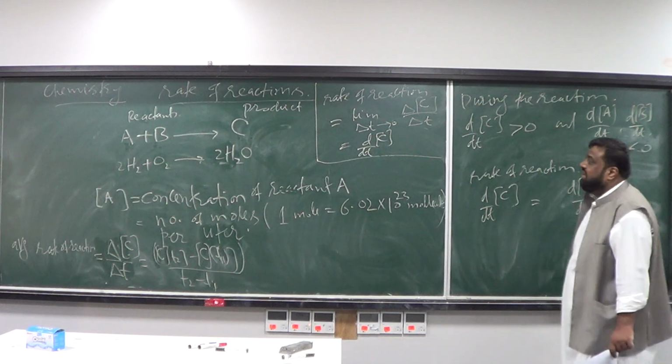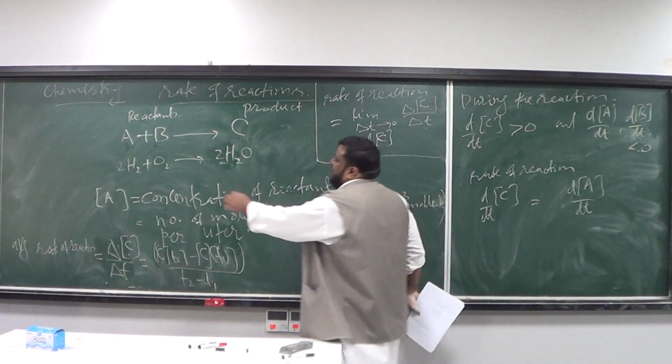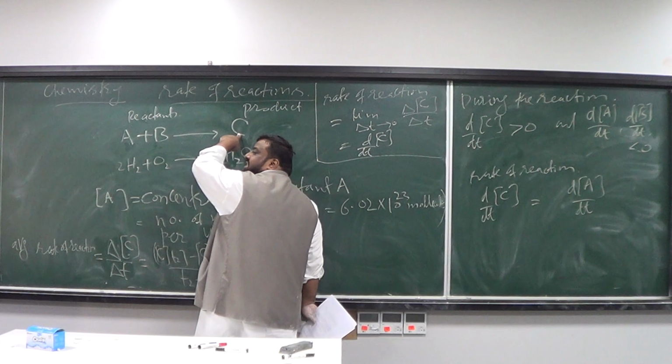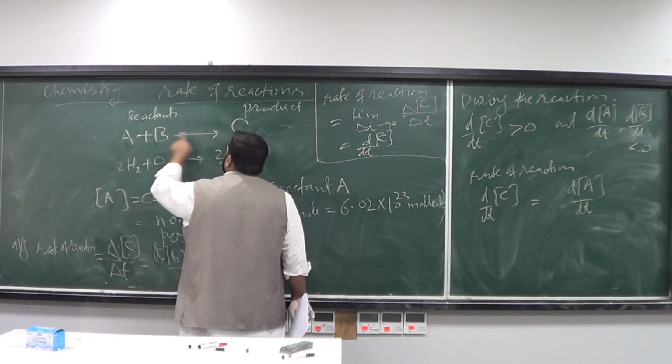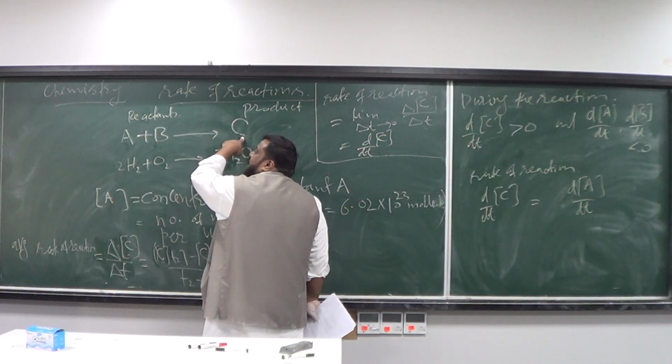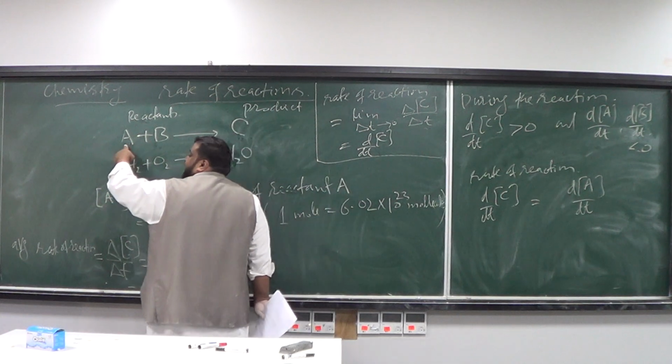In other words, if the concentration of A is decreasing, simultaneously the concentration of C will increase. But how much increase? It will increase as much as A is decreasing.